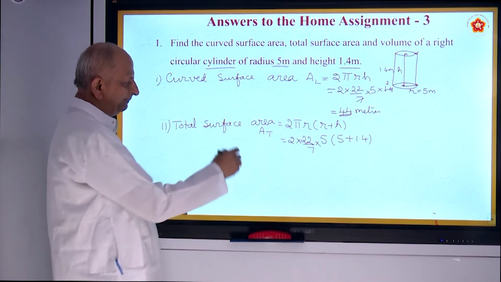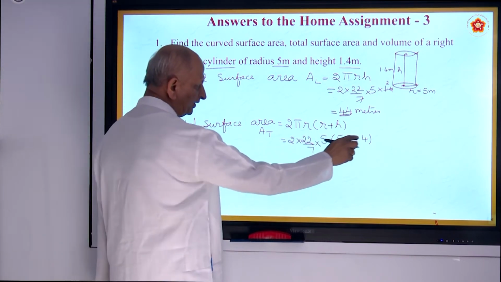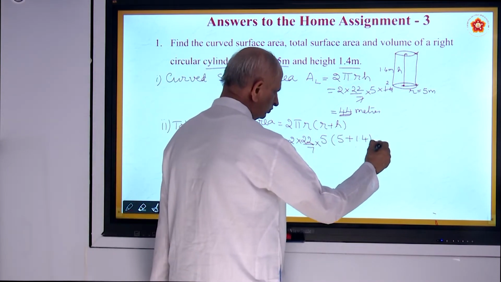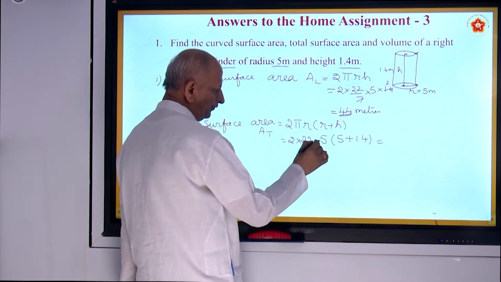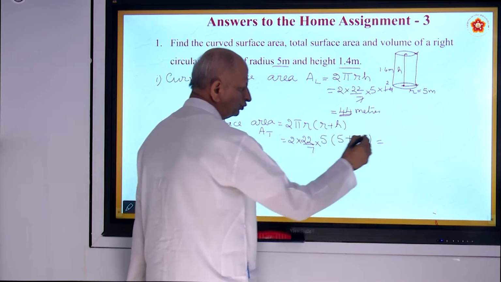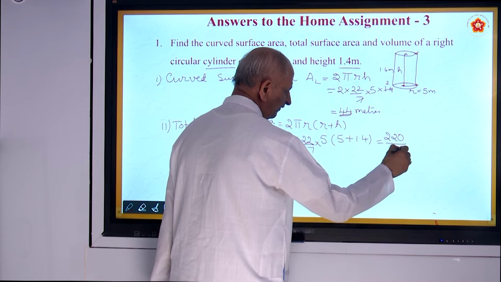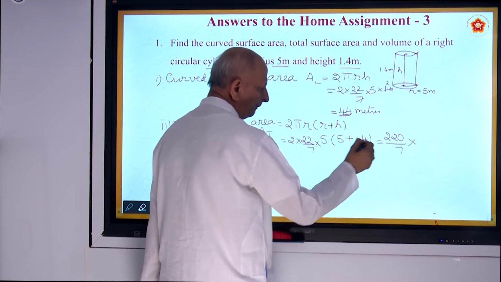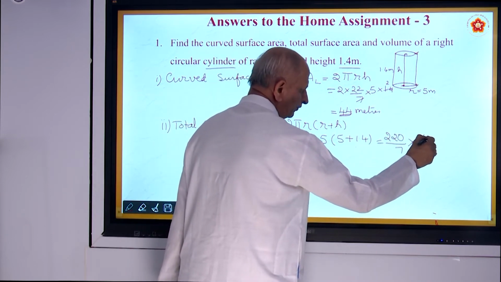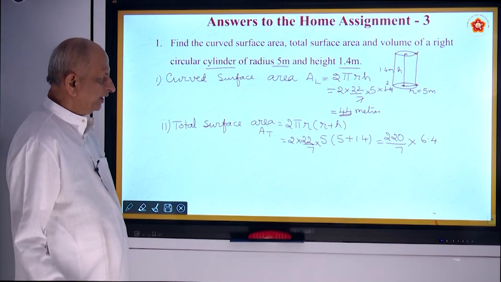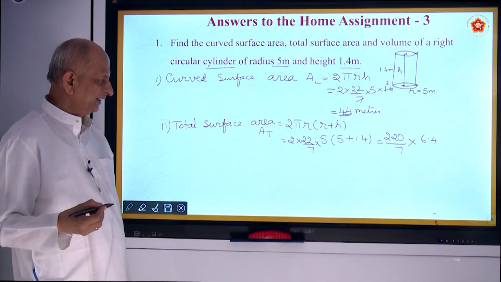So multiply the numerators. You have to add these two. So this will be equal to 22 into 5 is 110 into 2, 220/7 into 5 plus 1.4, that is 6.4. So you cannot cancel directly.